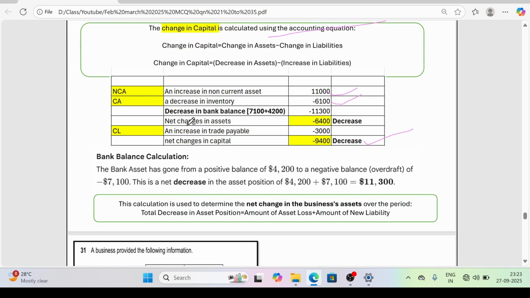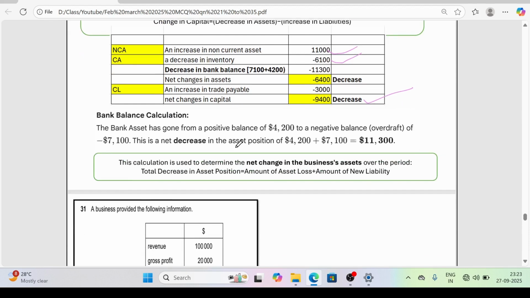And here, one more explanation: the bank balance calculation. The bank asset has gone from a positive balance of 4,200 to a negative balance, an overdraft, of how much? 7,100. This is a net decrease in the asset position. Reason: the calculation I used determines the net change in the business assets over the period.